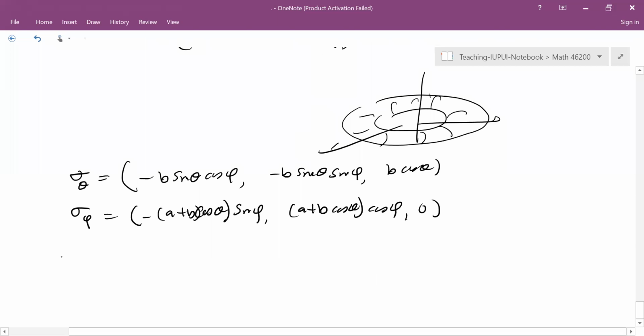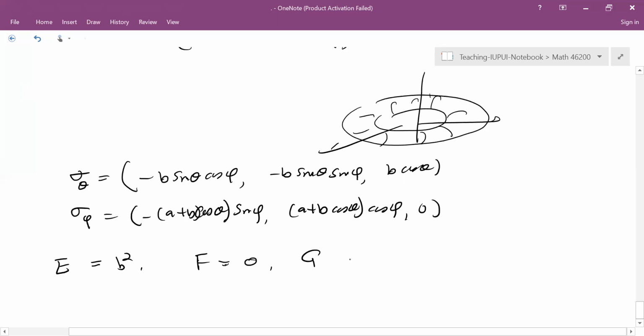From here you can see what E is: E is this square plus this square, that's b squared. F I think is going to be 0, because cosine phi sine phi is positive and negative, so it cancels to 0.